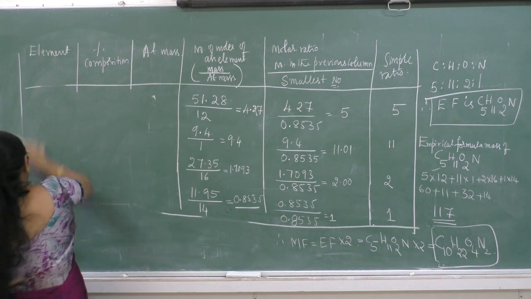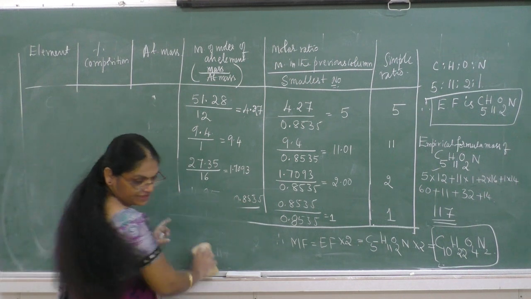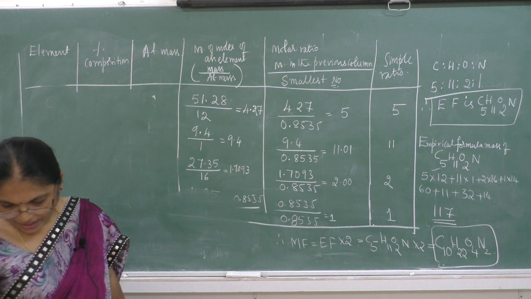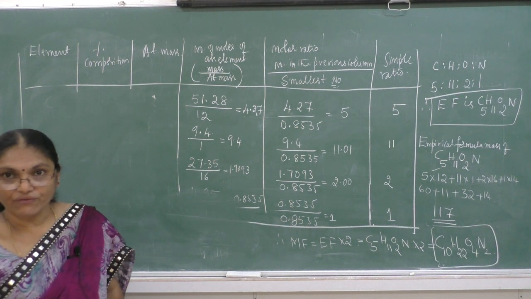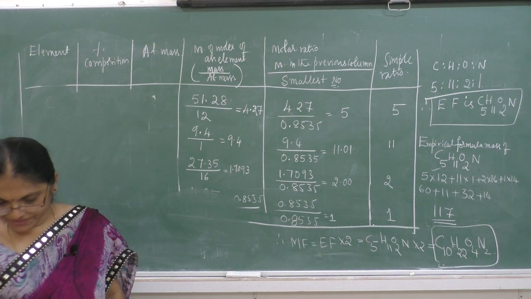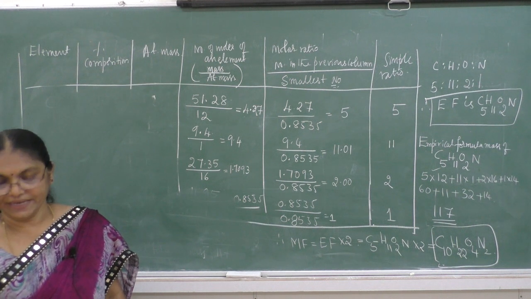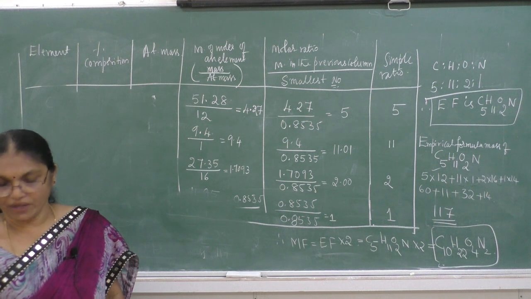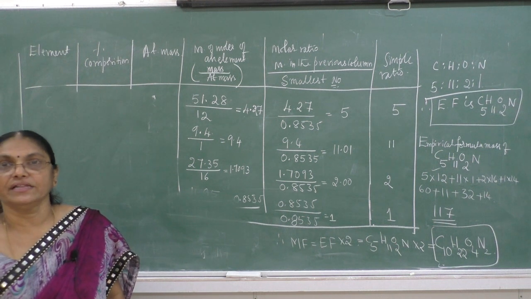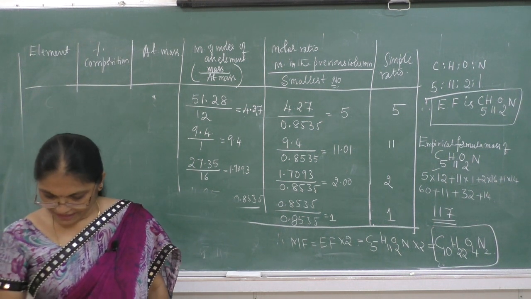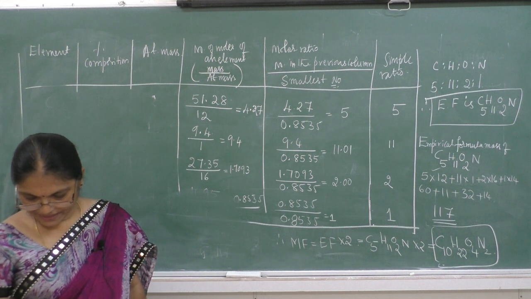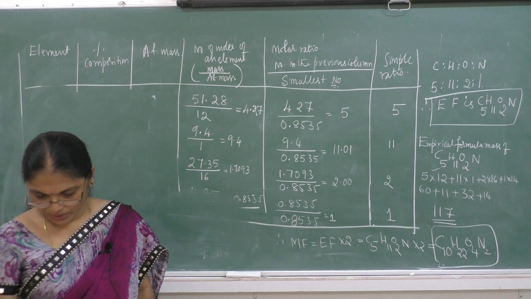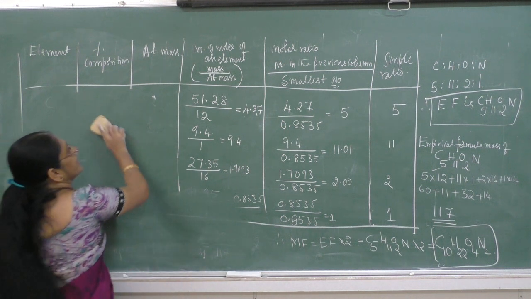That is in your study material, problem number 3. The given atomic mass of copper is 63.5 and chlorine is 35.5.